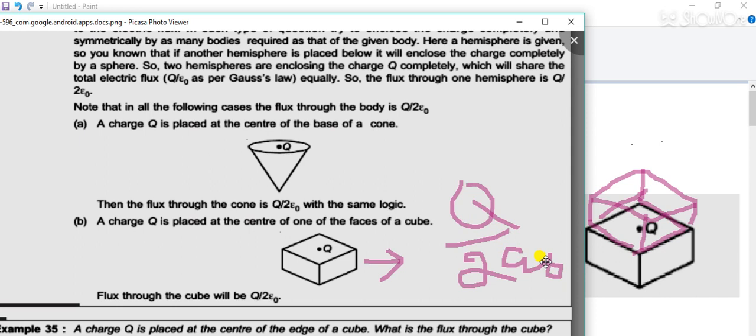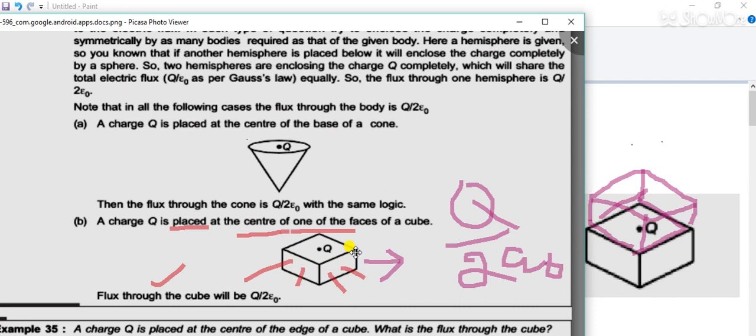I hope this question is clear to you now, and this question can be extended in some other ways. So till now we have discussed one of the faces, q is placed at one of the faces, and we have discussed the flux that is coming from this whole cube.